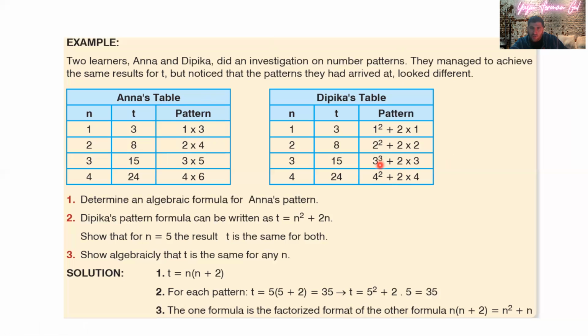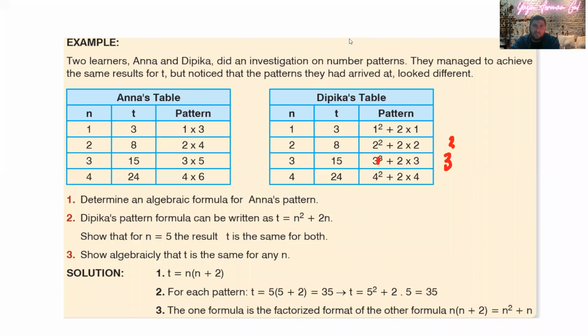I got it wrong earlier: it's 3 to the power of 2, not 3, because 3 to the power of 3 would be cubed, not squared. So 4 to the power of 2 is 16, plus 2 times 4 is 8. 8 plus 16 is 24. Okay, so that's how it is.